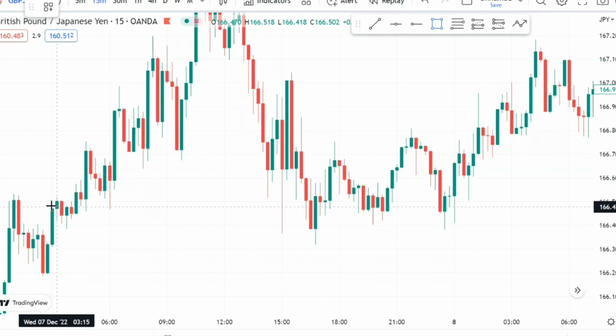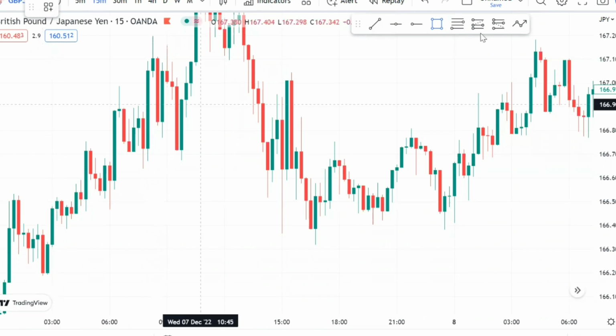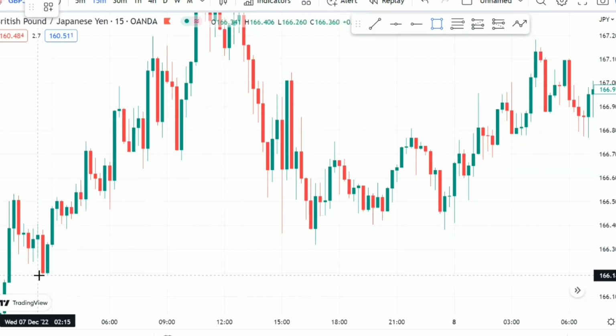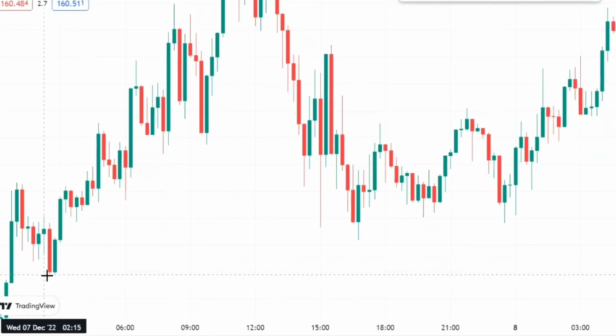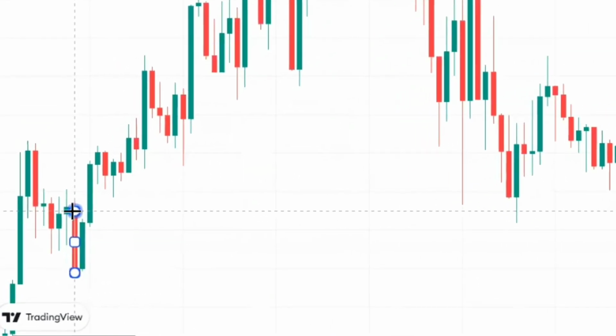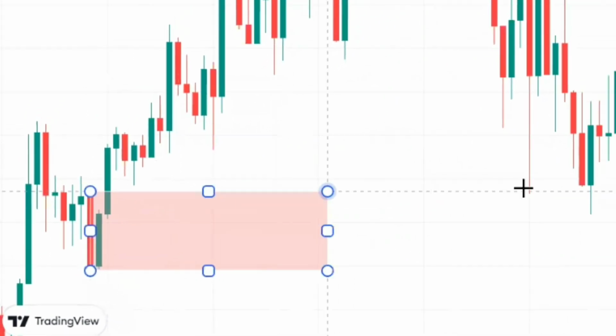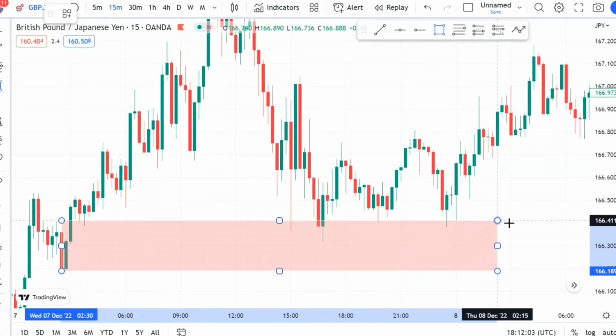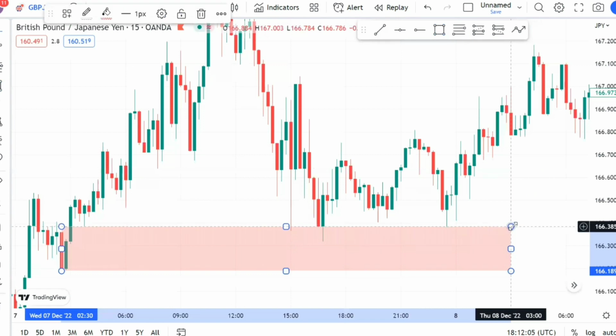So what I do is take my rectangle to draw the previous week that caused the price action, extend my rectangle, and that's it, guys.